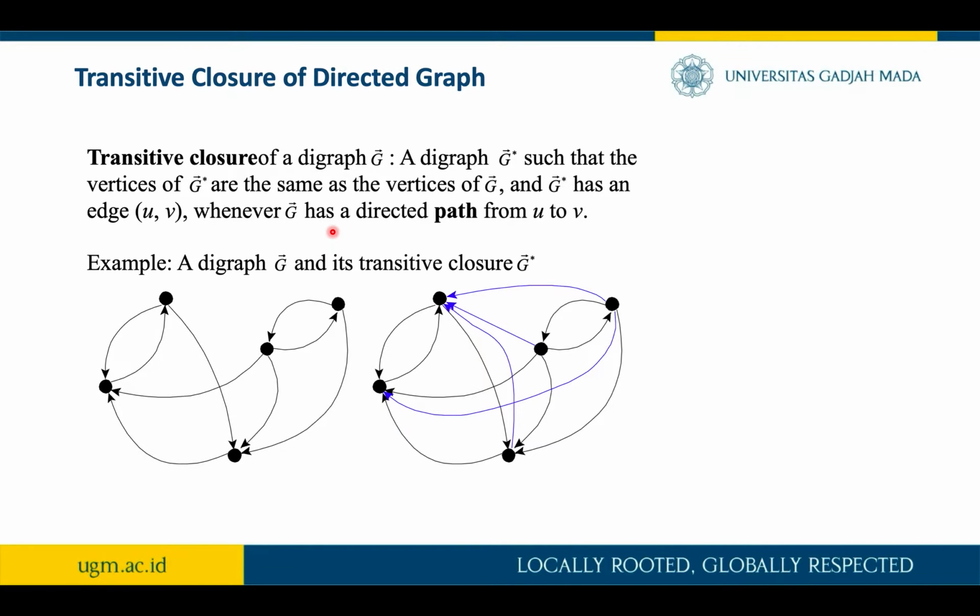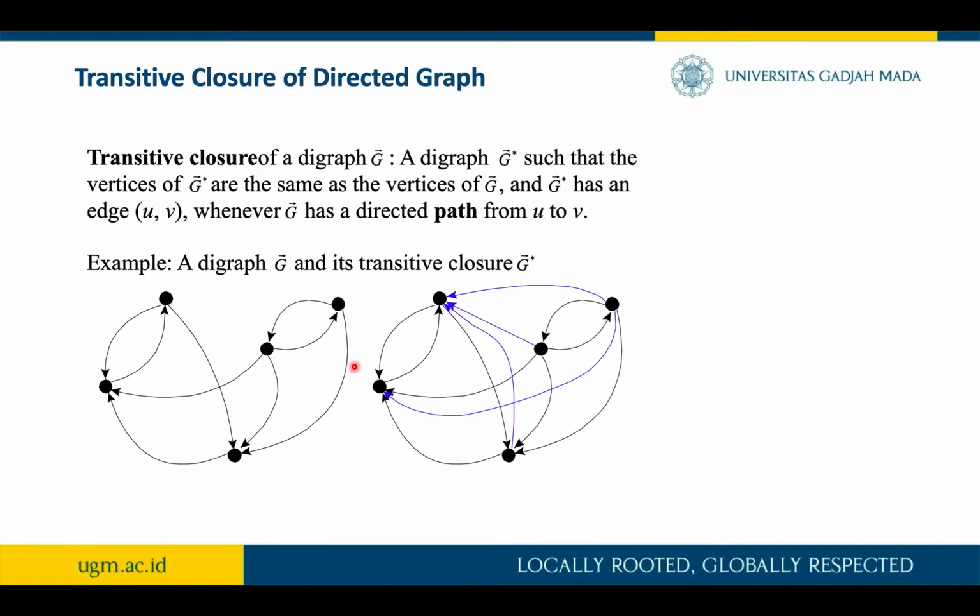For a directed graph, we can have a transitive closure here. It is a digraph G star, such that the vertices of G star are the same as the vertices of G, and G star has an edge UV whenever G has a directed path from U to V. So here, this is the original digraph G, and this is the transitive closure.